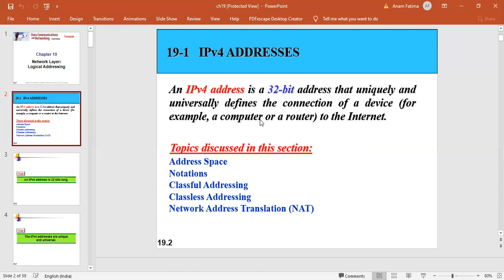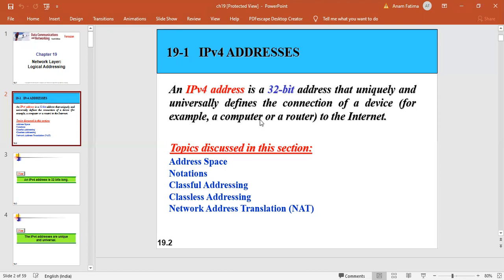This is useful when we are within a local network, when the frame is traveling within the same local network, with the source and destination in the same network. In that case, the MAC or physical address works fine.